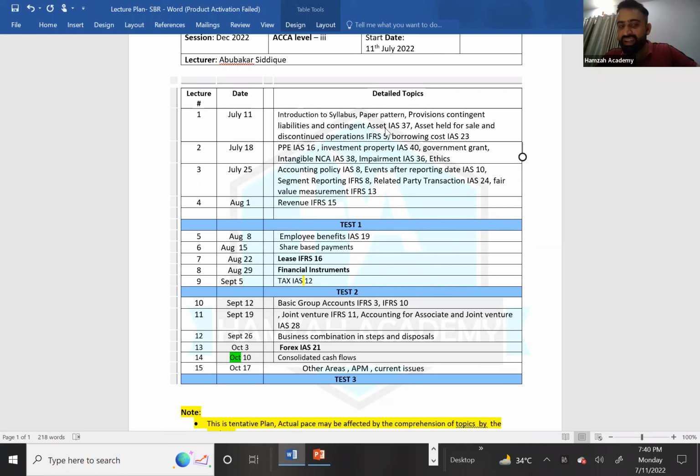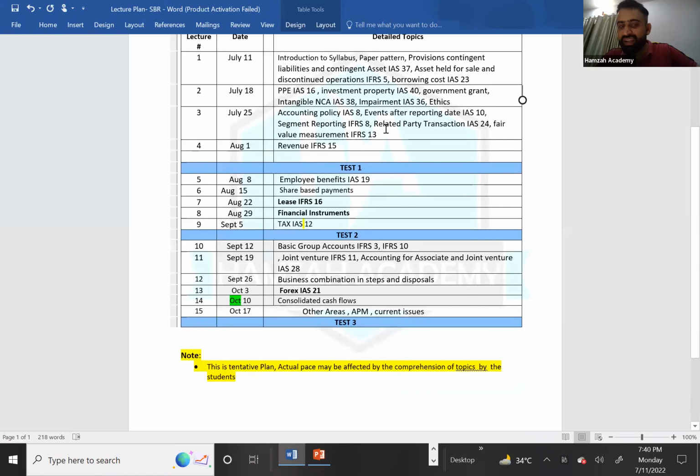Then comes the group accounts, where we will study the basic groups, IFRS 3, joint ventures, IFRS 11, accounting for associates and joint ventures, IAS 28, business combinations in steps, and disposals. It is all about the group accounts.